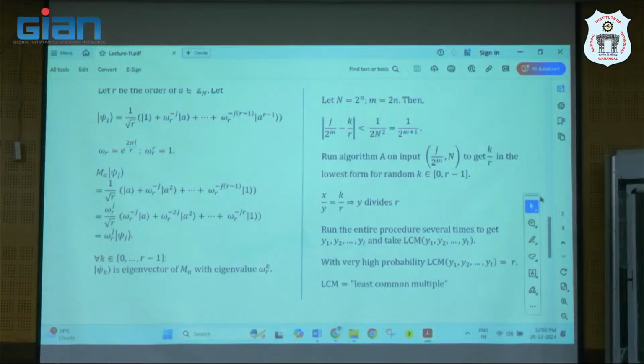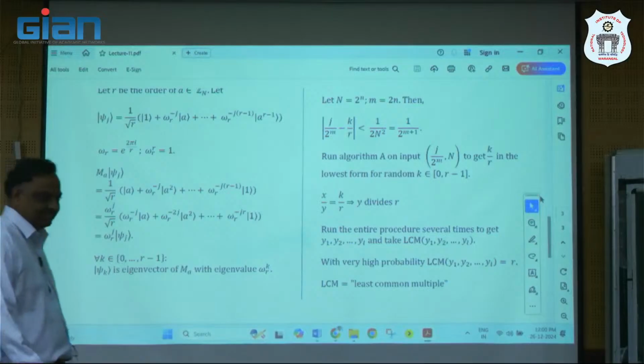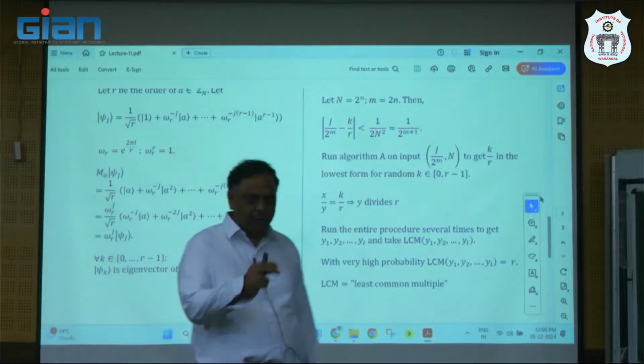Got it? That's it, you output R. So you see how we used the phase estimation algorithm to find the order.